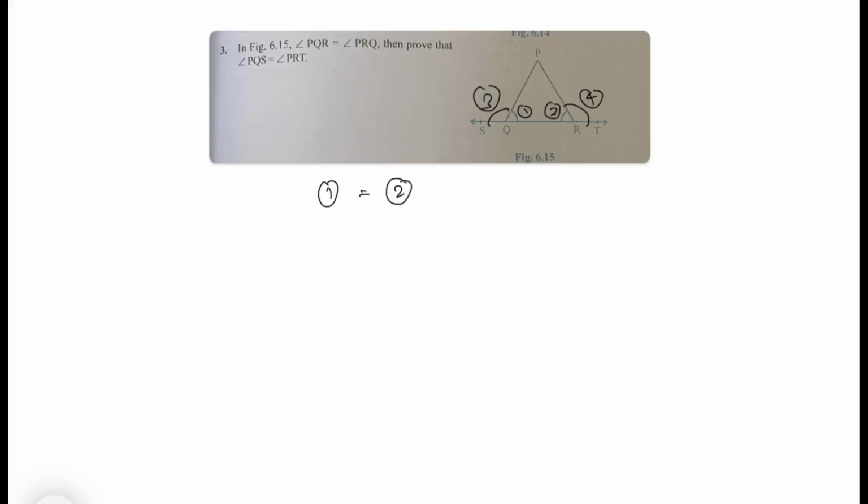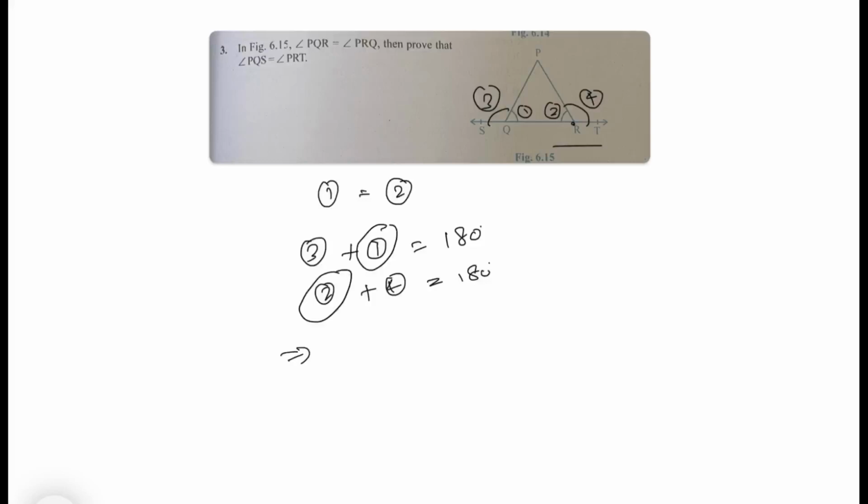So QP is a line segment on this ST. Therefore, angle 3 plus 1 are 180 degrees. Similarly, for point R, we can say that angle 2 plus angle 4 are equal to 180 degrees. And we know that 1 is equal to 2, which means 3 is equal to 4.